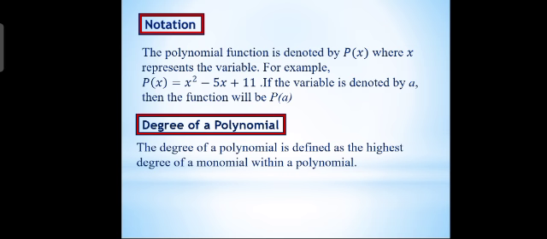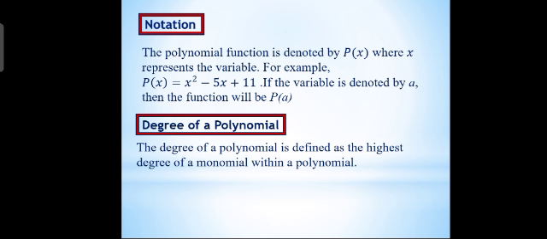Degree of a polynomial. The degree of a polynomial is defined as the highest degree of a monomial within a polynomial. As you can observe, p of x is equal to x squared minus 5x plus 11. This polynomial has three terms. So in each term, you can observe the first term having x raised to power 2. In the second term, x raised to power 1.